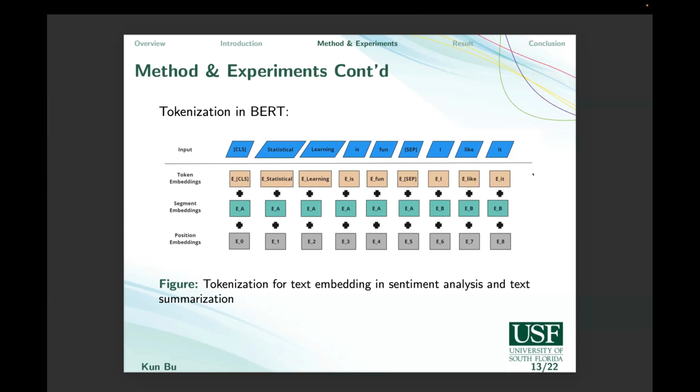The first part is embedding A, which is statistical learning is fun. And the second part is embedding B, which represents I like it. Those segments are really important because they separate our input into different parts so that when we do the positional embeddings, it will deal with them separately.